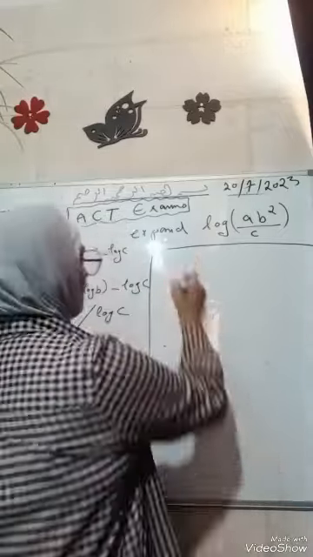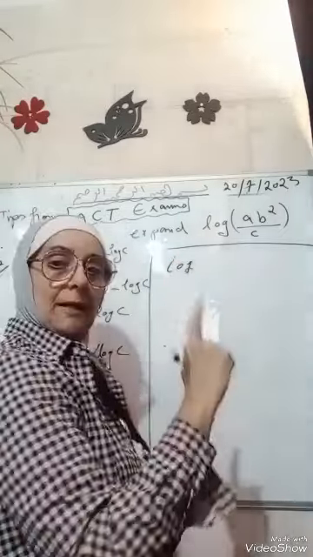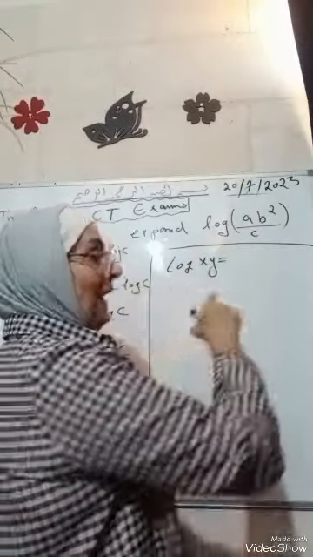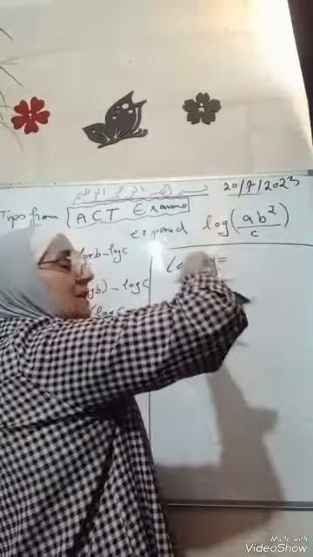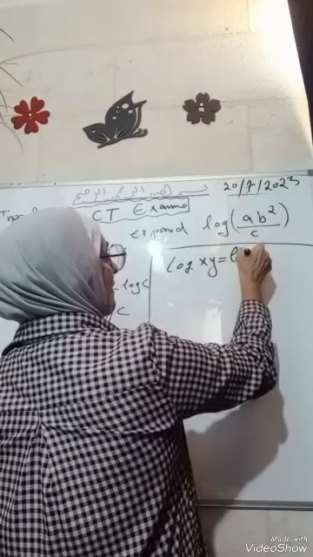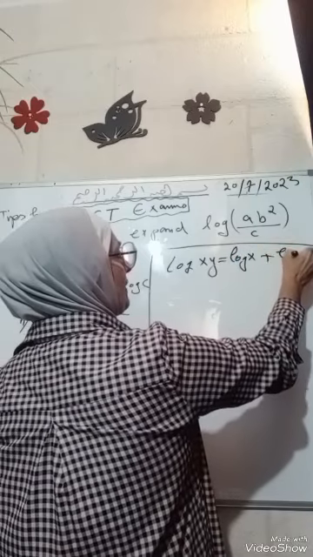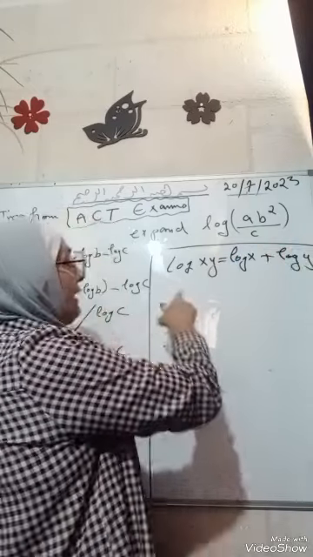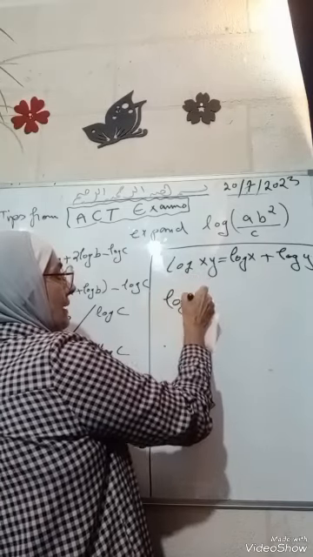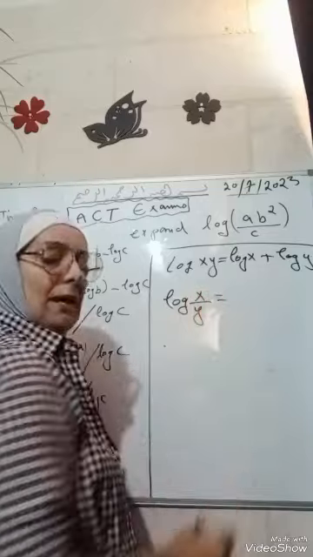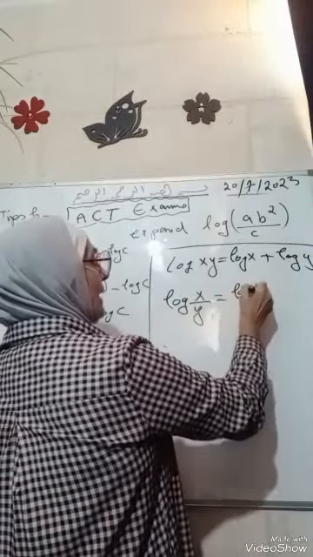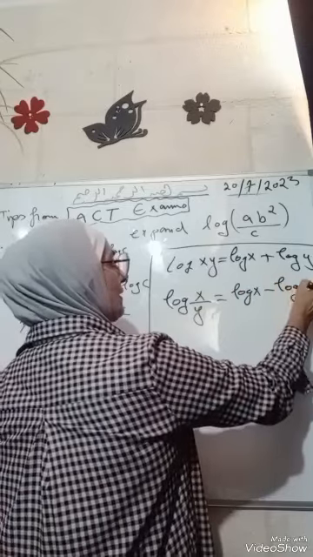The logarithm of a multiplication, log of xy, turns into addition: log x plus log y. If I have division, log of x divided by y, it turns into subtraction: log x minus log y.